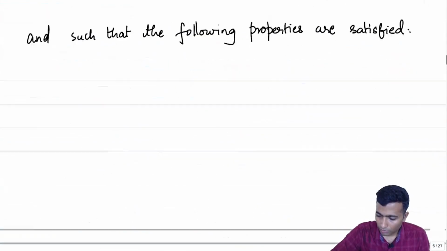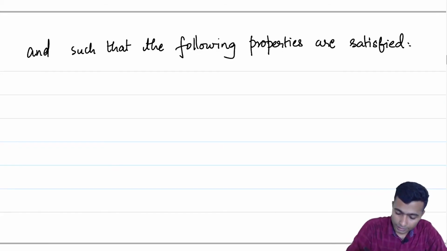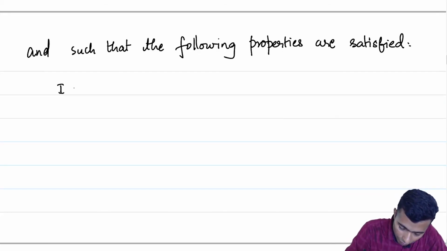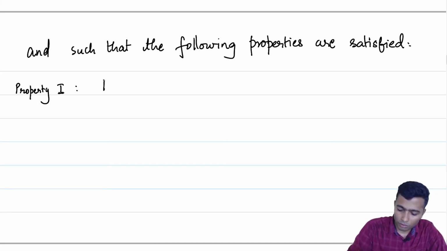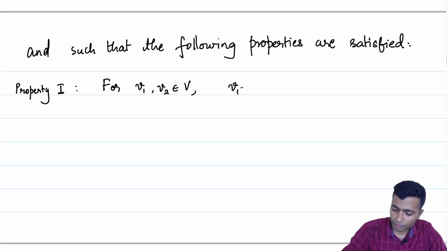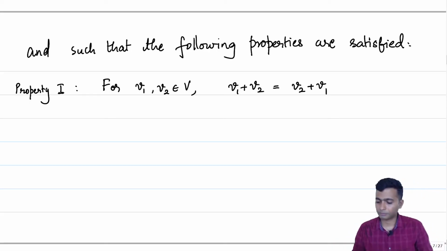If you add 1, 2 to 2, 3, and if you add 2, 3 to 1, 2, it should be the same. So property 1: for V1 and V2 in capital V, V1 plus V2 is equal to V2 plus V1. That is one of the properties which we would like to generalize.